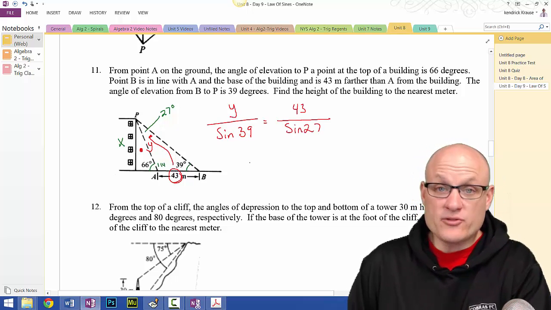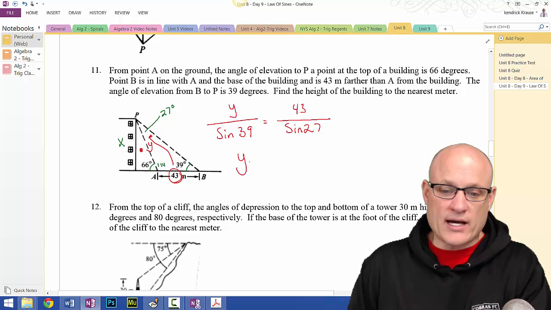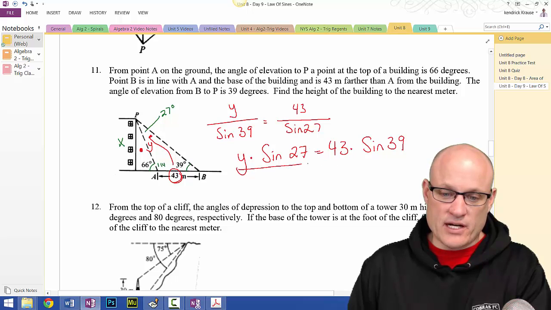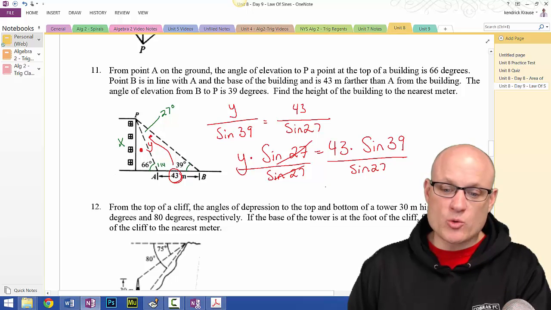All right. I'm just going to cross multiply. I get y times the sine of 27 equals 43 times the sine of 39. Divide by the sine of 27. Don't round.